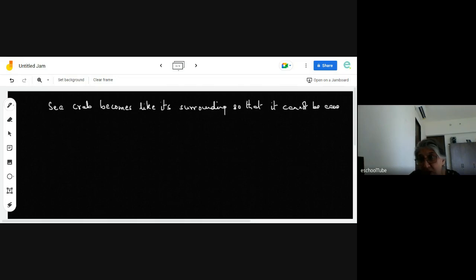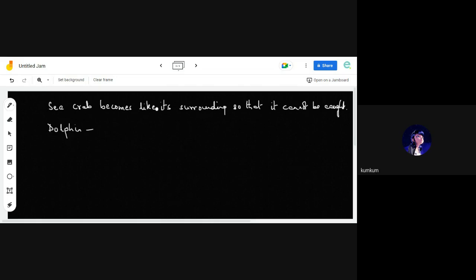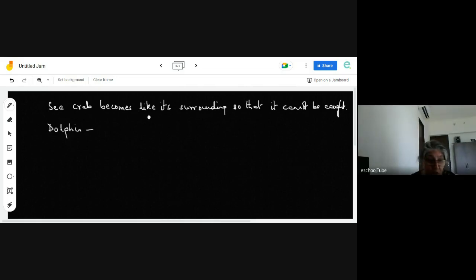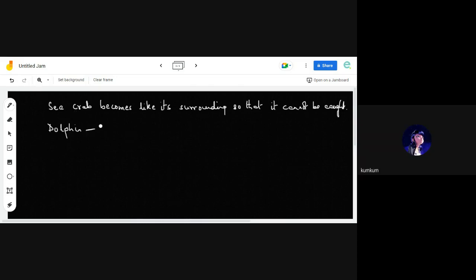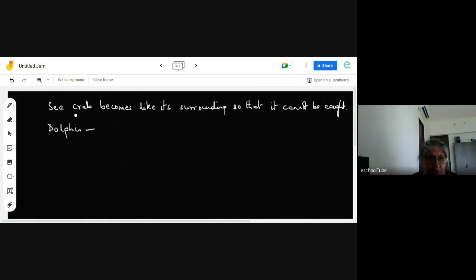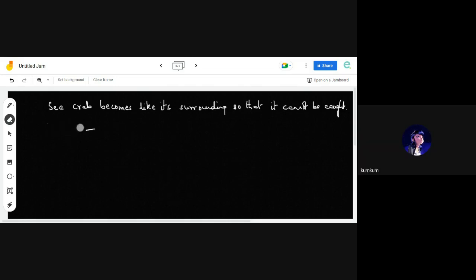Caught. What does the dolphin do? Sonia, what does the dolphin do? क्या कैमोफ्लॉज करती है वो? Ma'am, that was shark. हाँ? Shark. That was shark. Okay. What does the shark do?